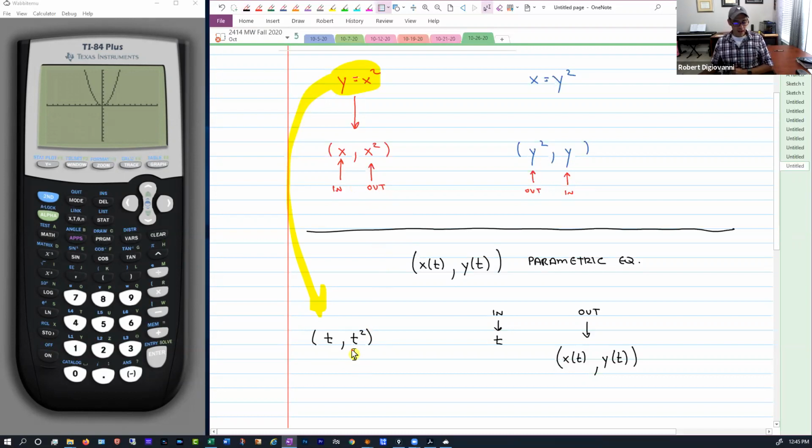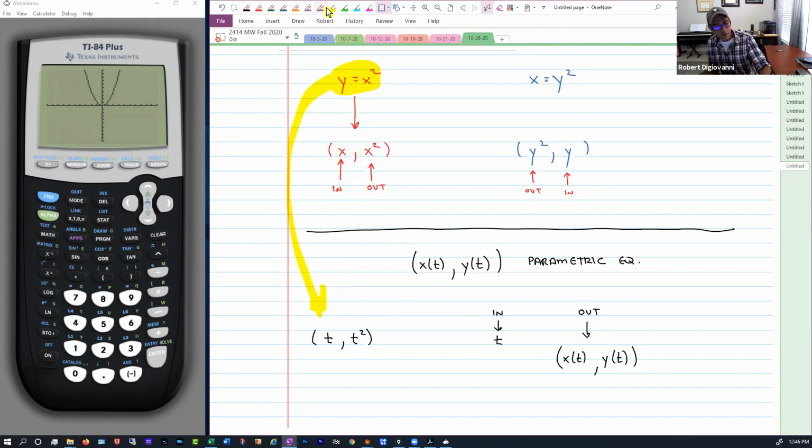Do y'all see that your calculator will say, all right, for the x, I'm going to plug in, let's say 1, and for the y, I'm going to plug in 1 squared. Or I plug in 2 for the t here, the x will become 2, and the y will become 4, yes? The thing that's changed is that this ordered pair no longer represents your input and output. It represents just the output. The input is t, which is not part of your graph.